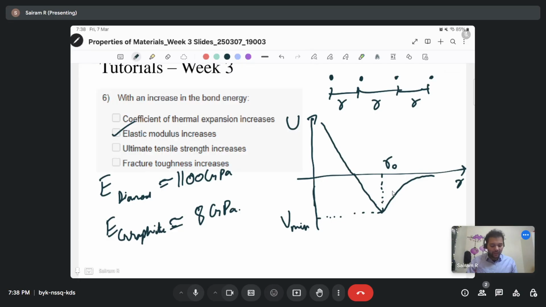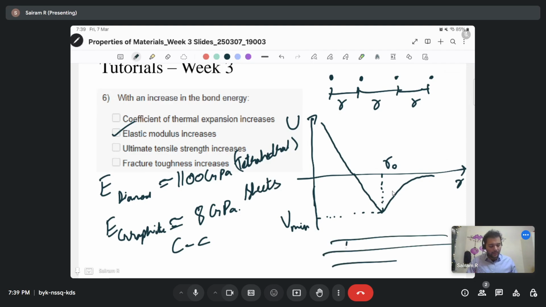It is still the carbon-carbon bond. But what is going to be the difference? The structure of diamond is a tetrahedral structure, whereas in graphite we are going to have long sheets of graphite which are bonded by very weak forces. Along the plane of graphite, it's going to have very high modulus because it's the same carbon-carbon bond.